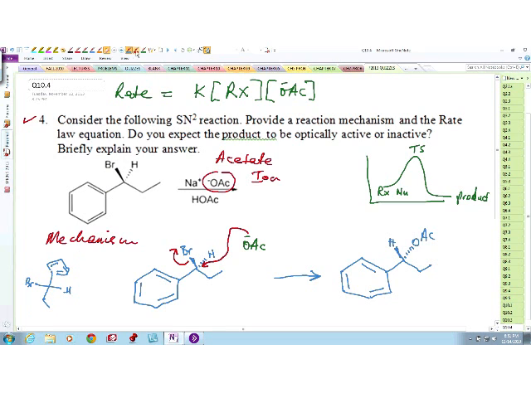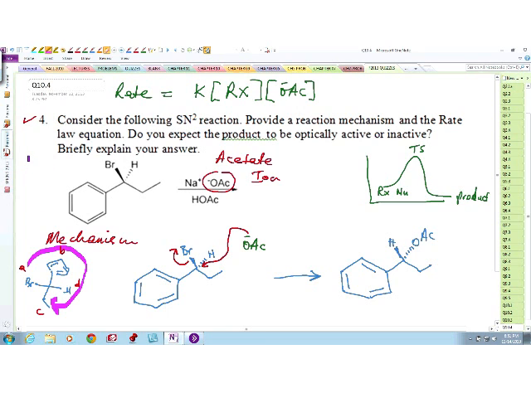So the priority assignment will be A, B, C, and D. If you remember what we did when we did the assignment of absolute configuration. So what do I do? I move from A to B to C. I ignore group D.